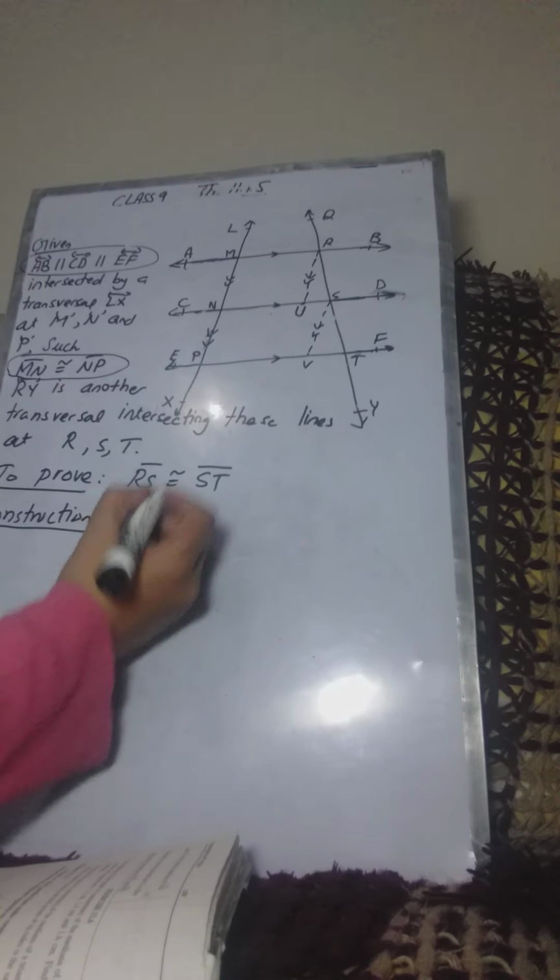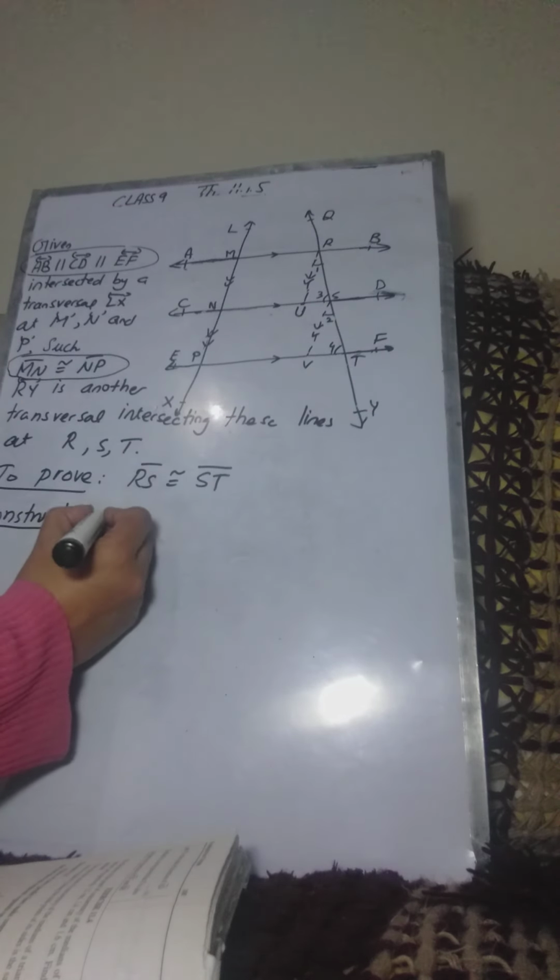So in construction, we are going to name these angles 1, 2, 3 and 4. Okay, we will name these angles 1, 2, 3, 4. So let me write the construction.